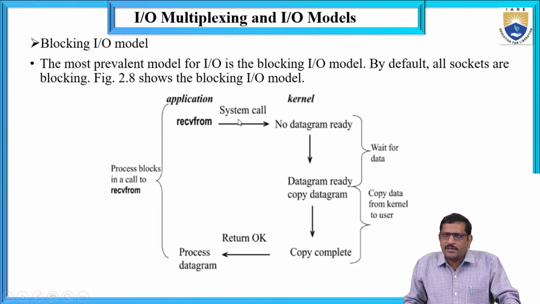Once the system call is made, no datagram is ready at the kernel side. This is the application side, and this is the server side, the kernel. Whenever the system is called and no datagram is ready, it waits while the datagram is copied from the kernel operating system.